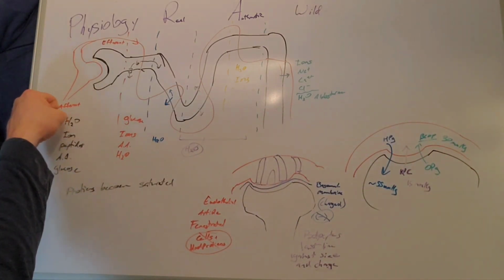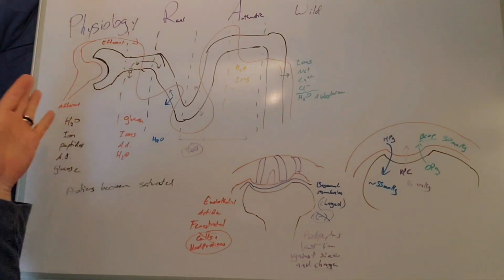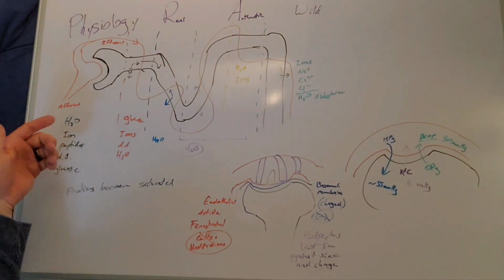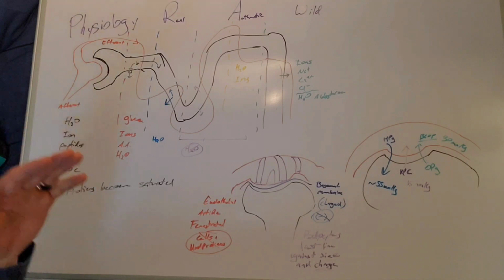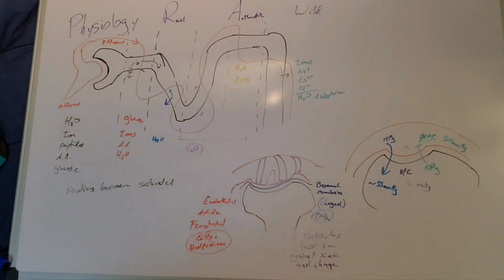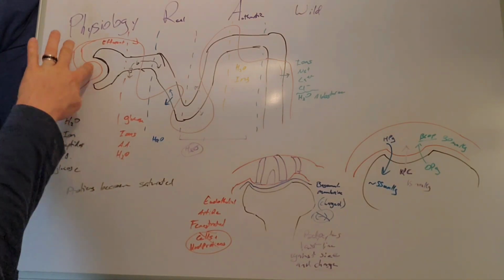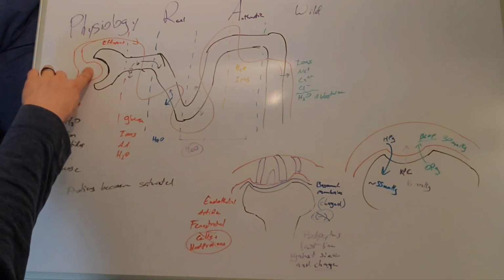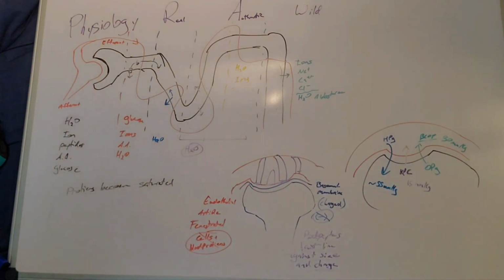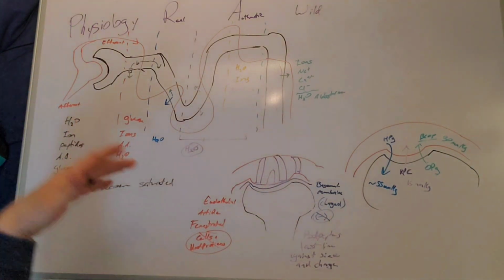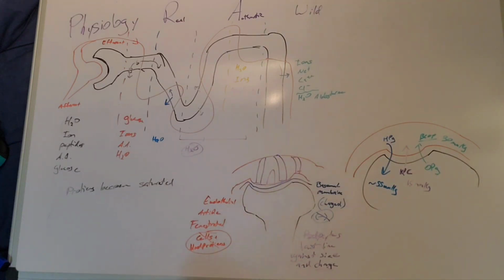If we constrict it, less blood gets through, so maybe not so much gets filtered. The opposite is true for the efferent. If it dilates, blood is easily able to pass through and keep on going. If it constricts, there's a buildup of blood in the glomerulus that causes higher pressures, so it will be filtered easier.